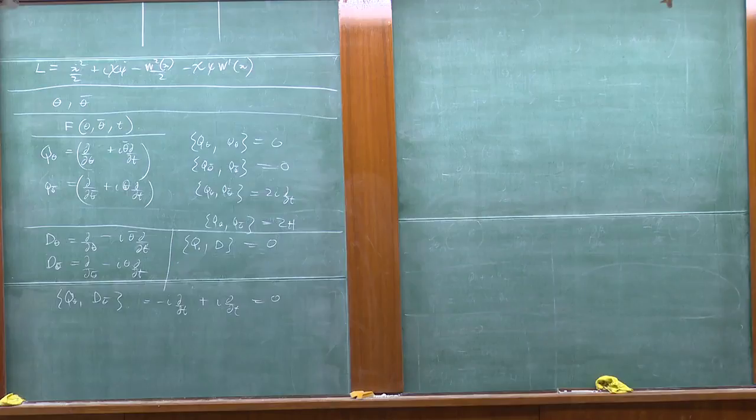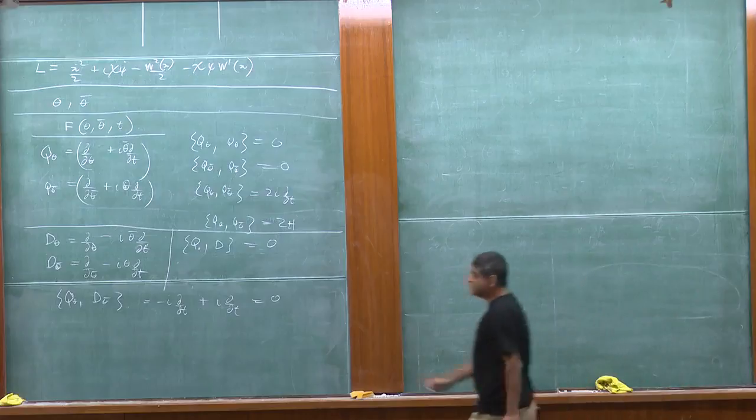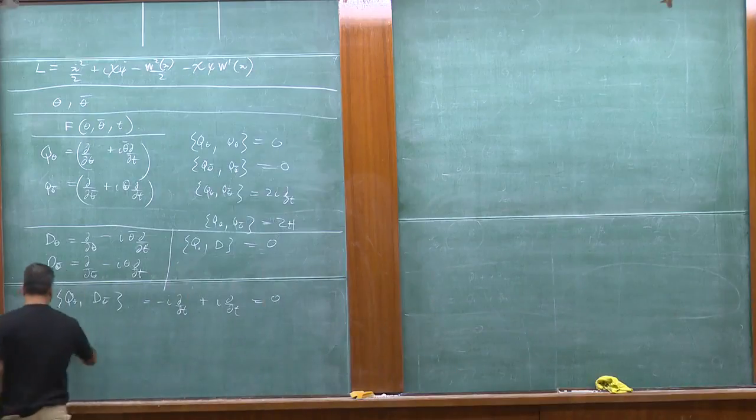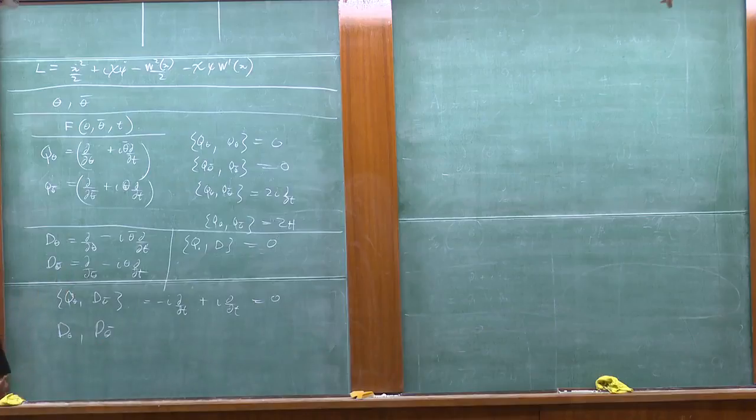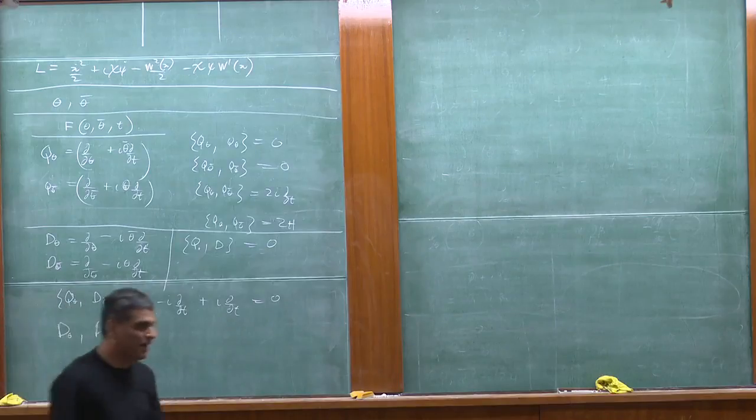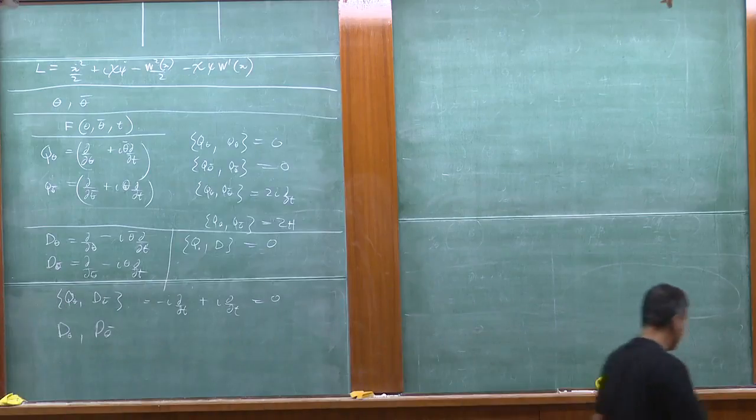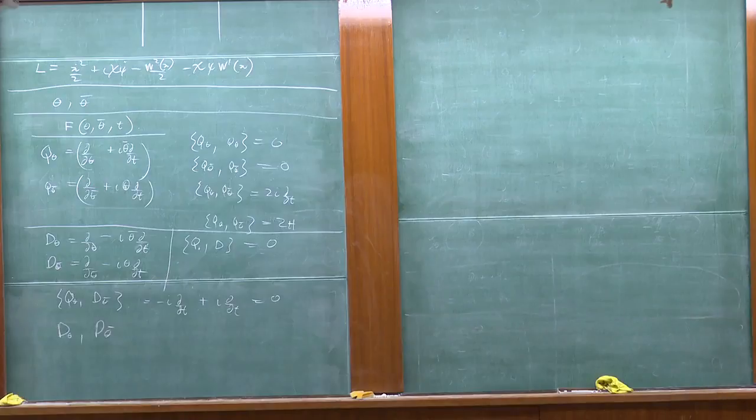So what we have is this new superspace derivative, this D theta and D theta bar. These two new superspace derivatives anticommute with the supercharges. Now, what does that mean?